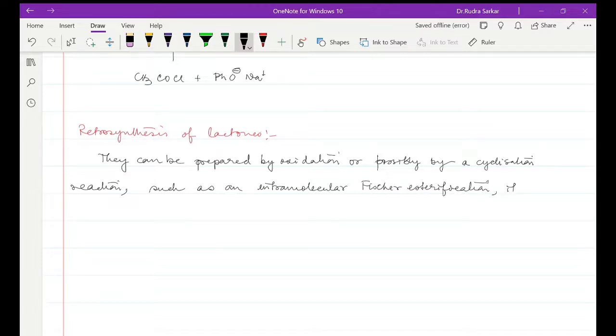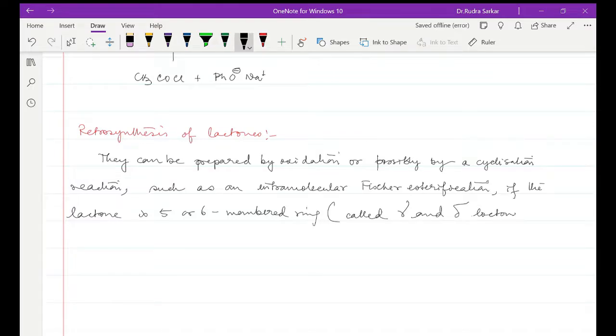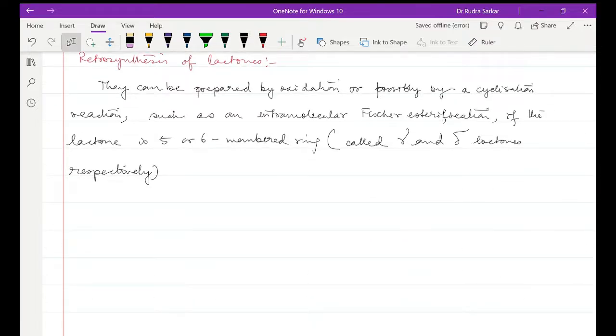This can be used if the lactone is a 5 or 6 membered ring, also called gamma and delta lactones respectively. So suppose this is our lactone.